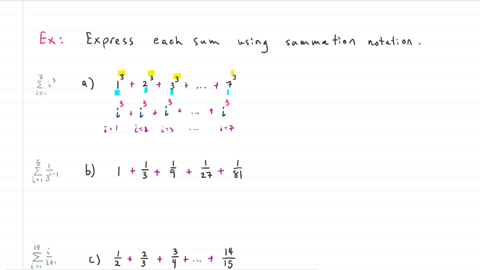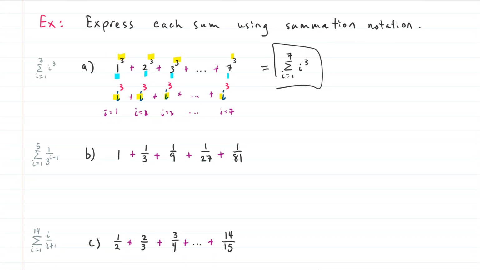So this would become 1, this would become 2, this would become 3, which is exactly what we want. In the end, the last I would become 7. So that would totally work. That would be perfect. We can rewrite this sum as the sum of I cubed from I equals 1 to 7.